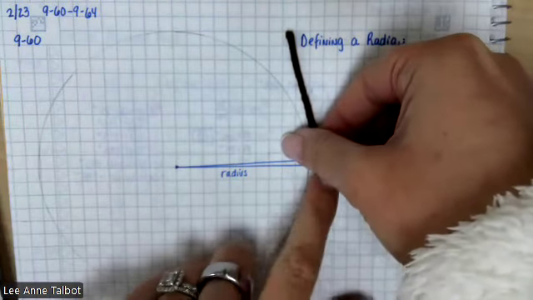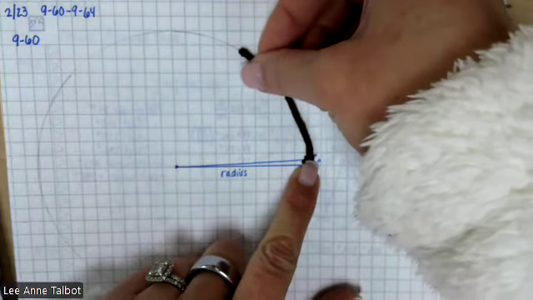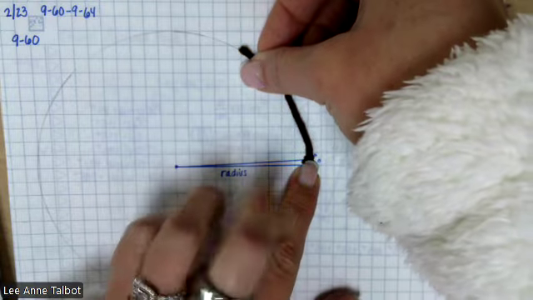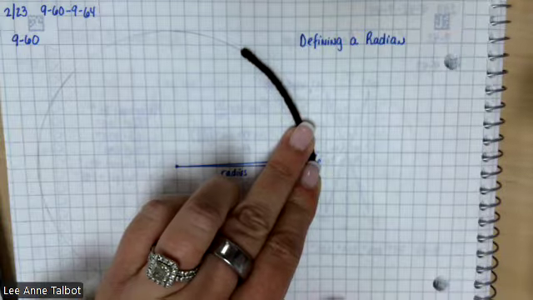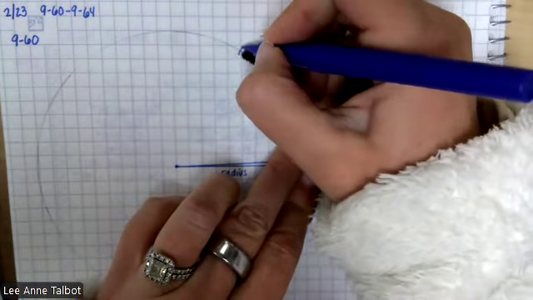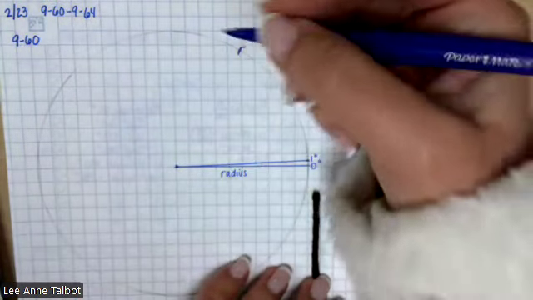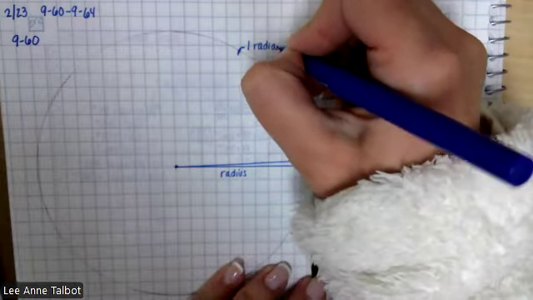I'm going to attempt to bend this yarn around my circle to show how much a radian is. This is about 1 radian. Eyeball where my spot is right here, about right there. So that is about 1 radian.